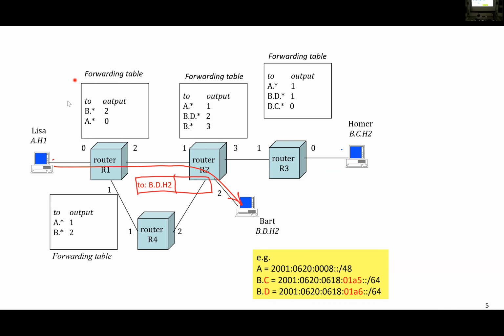So the routing tables in a router, also in a host, but they're primarily interesting in a router, contain things like a list of destinations and what to do in order to reach the destination. So there's a number of things that are in the table, but the most interesting thing is the outgoing interface, which I call here the output. And a destination is not exactly an IP address, it's a prefix.